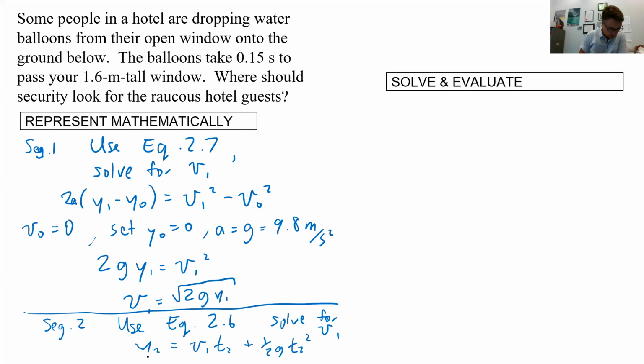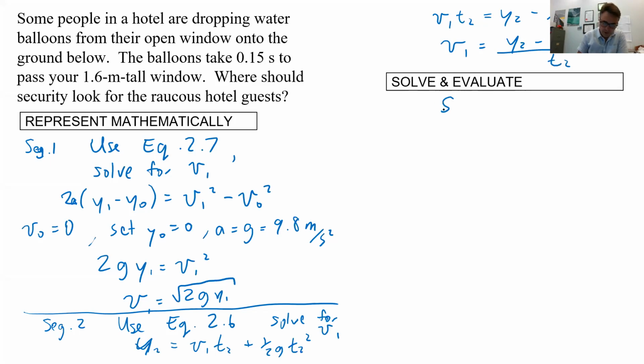To be a little careful with all your little subscripts here, V1 times T2 equals Y2 minus 1/2 G times T2 squared. So V1 here is equal to Y2 minus 1/2 G T2 squared, all divided by T2.